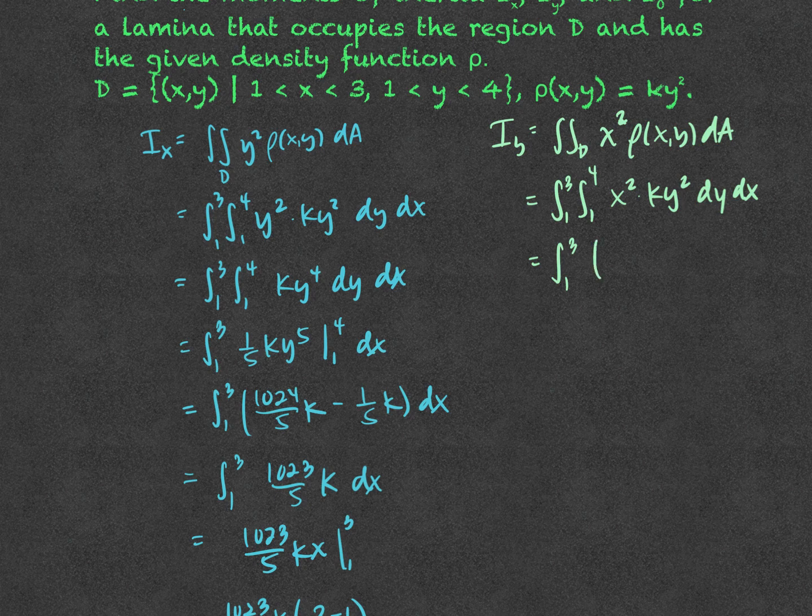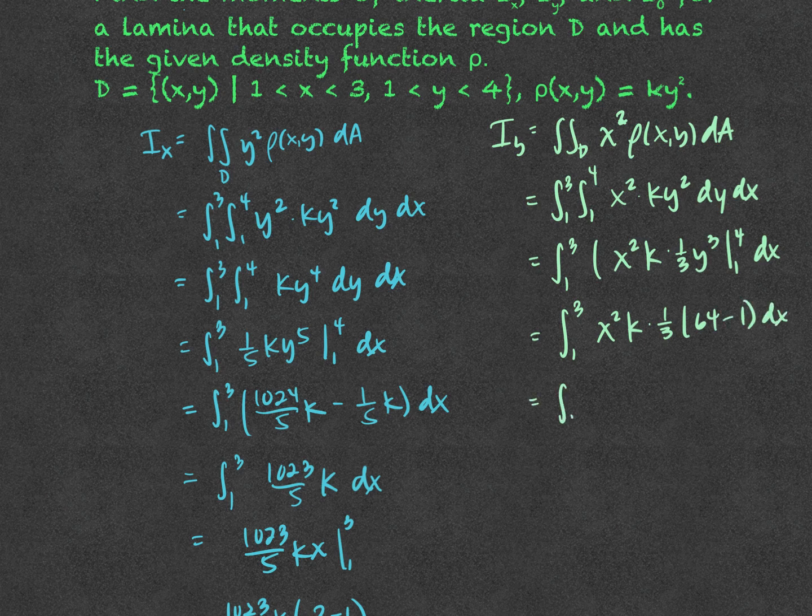Remember that we're integrating here with respect to y, so we have x squared k times 1/3 y to the third from 1 to 4, and then we'll integrate with respect to x. So we have the integral from 1 to 3, x squared k times 1/3, and then 4 to the third is 64, minus 1 to the third is 1.